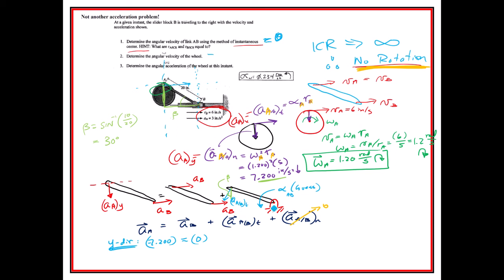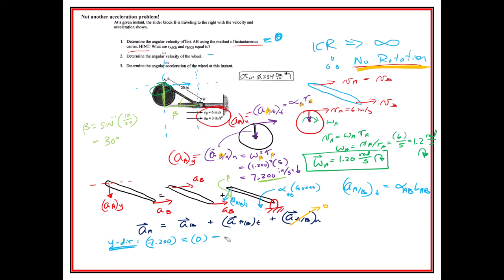So A with respect to B tangential is going to be equal to alpha AB times LAB, which was 20 right here, right? And the Y direction component is negative.